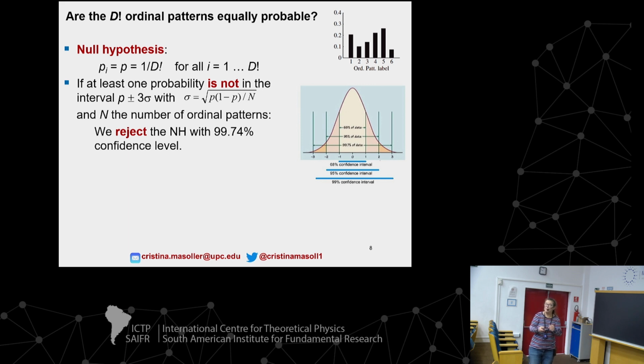If all the probabilities are inside this interval, can we say something? Not really. But if at least one of them is outside, then we can reject the null hypothesis with a given level of confidence that depends on the interval I'm considering. So it's enough that one is outside my interval to reject. I am identifying signs of non-complete randomness in the data, or otherwise I cannot reject the null hypothesis. I cannot say that this is not true.